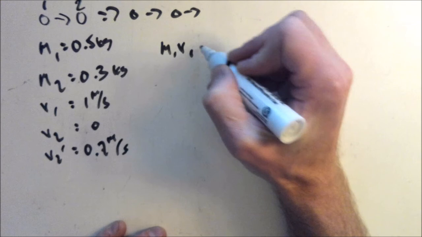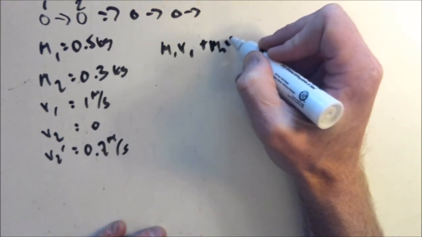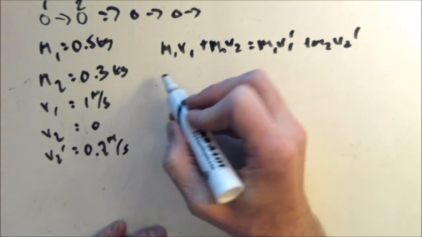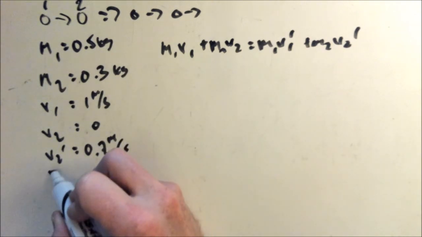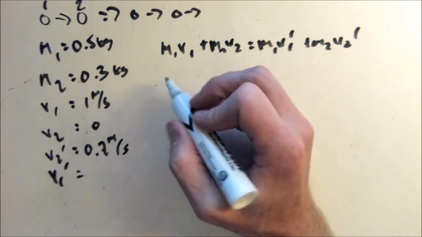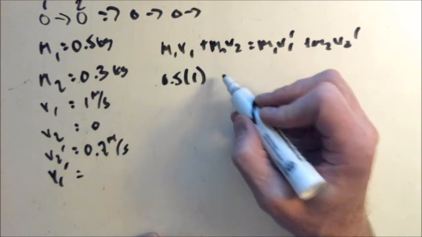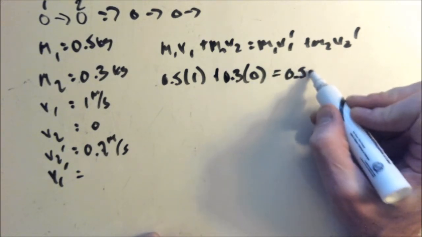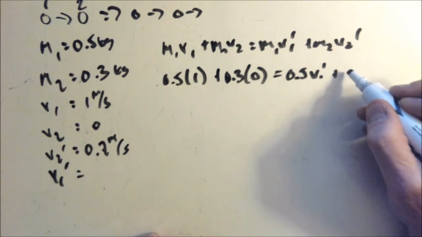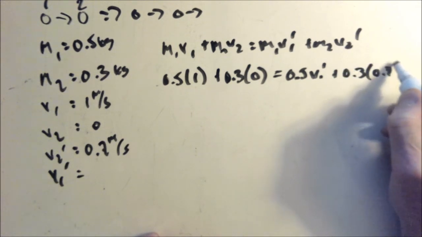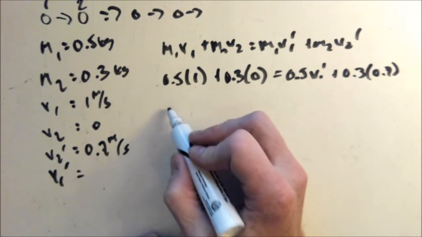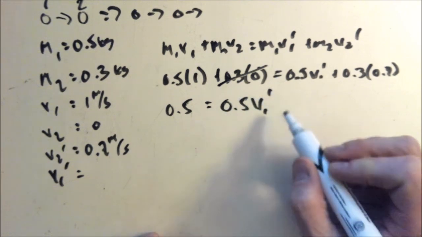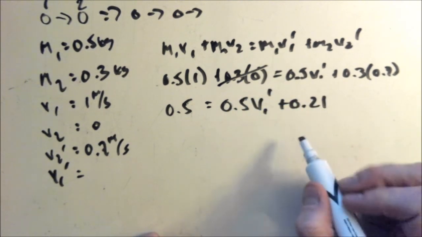We know our equation is M1 V1 plus M2 V2 equals M1 V1 prime plus M2 V2 prime. Now let's plug in everything we know and see if we know enough to solve. So we have 0.5 multiplied by 1 plus 0.3 multiplied by 0 equals 0.5 V1 prime plus 0.3 times 0.7. 0.5 times 1 is just 0.5, so 0.5 equals 0.5 V1 prime plus 0.21.